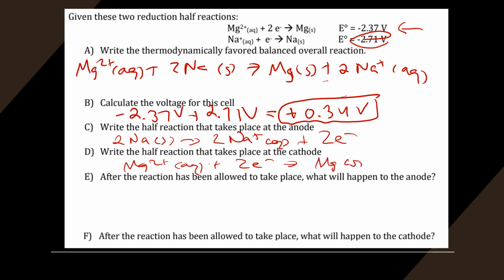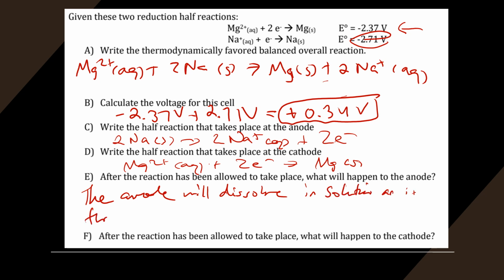After the reaction has been allowed to take place, what will happen to the anode? The anode will dissolve in solution as it forms sodium ions. It will decrease in mass. After the reaction has been allowed to take place, what will happen to the cathode?